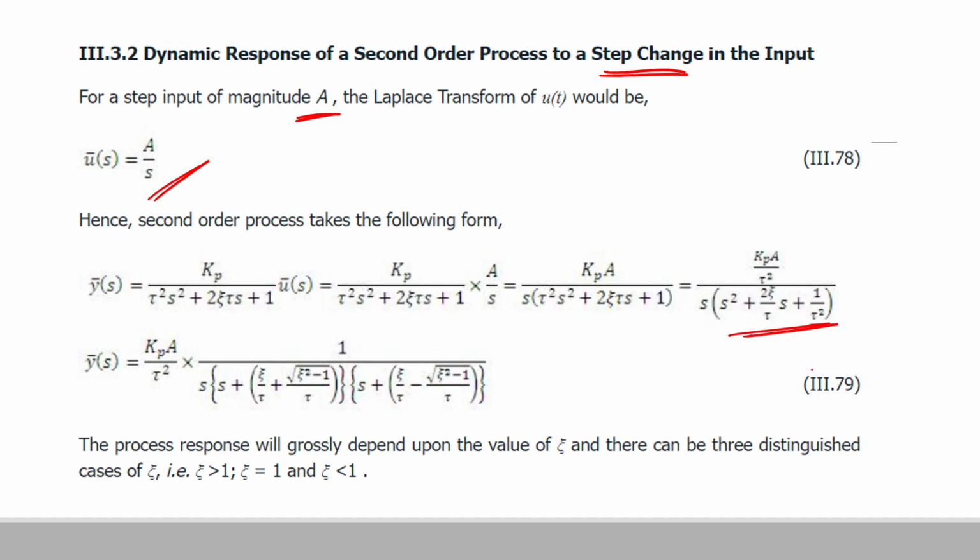To find the Laplace inverse of this form, we need to write it in terms of partial fractions, and once we have the partial fractions, we can take the inverse Laplace and get the response.